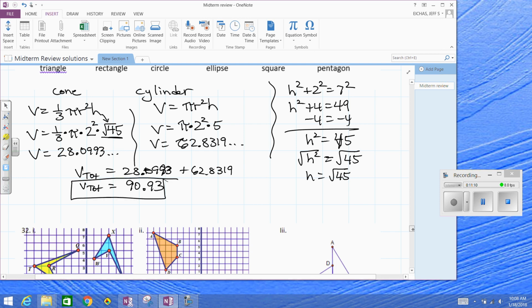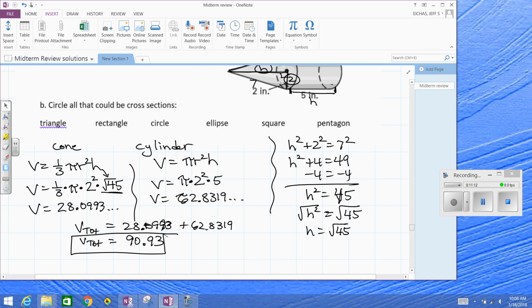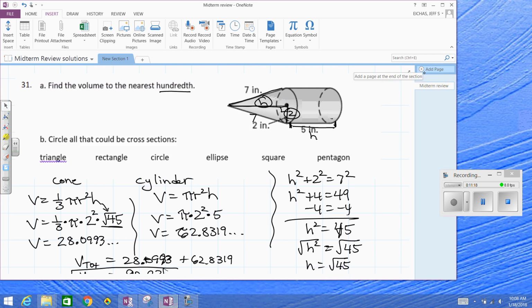And what else did they want here? Circle all that could be cross sections. Oh, I see. So when we take a cross section, what we're doing is we are taking a flat surface and cutting through the solid. The face that we expose, that we cut through, once we open it up, the 2D face that cuts through from the figure is what we call the cross section.